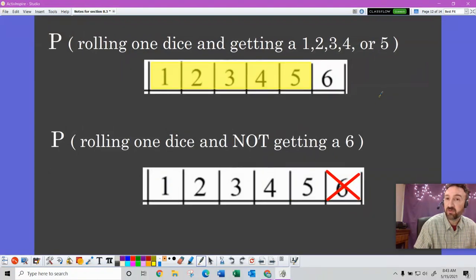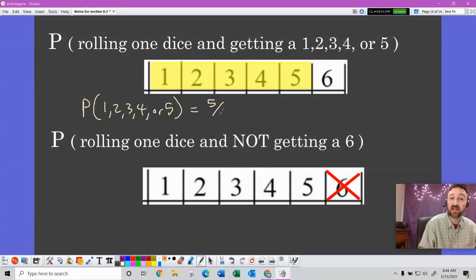So I wanted to share with you that sometimes we shorten these up, and we might write probability of 1, 2, 3, 4, or 5. And then there's 6 possibilities, and 5 of them would be considered a success, or 5 of them are that desired outcome. Another way of writing this would be probability of not 6.